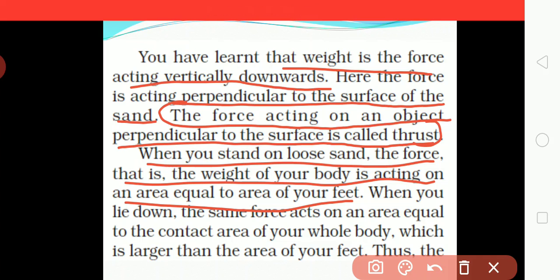When you are lying down, the same force acts on an area equal to the contact area of your whole body, which is considered as the force acting area.